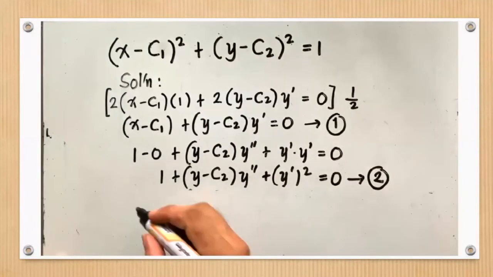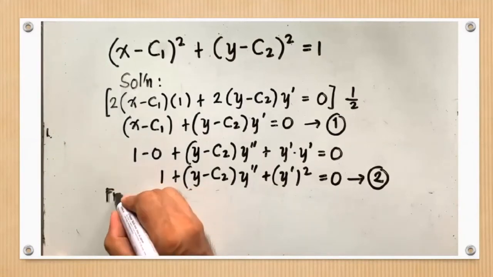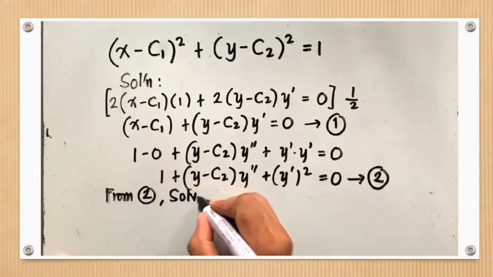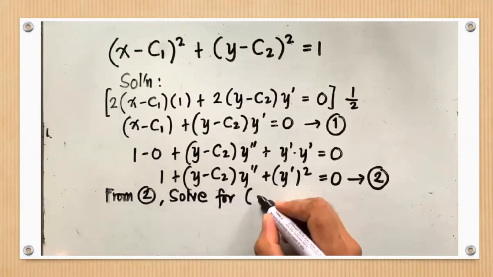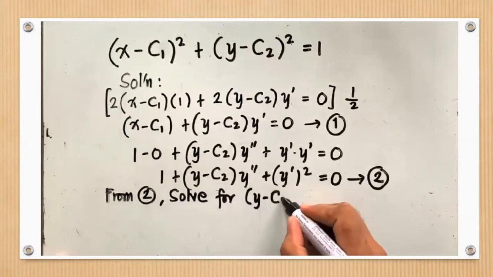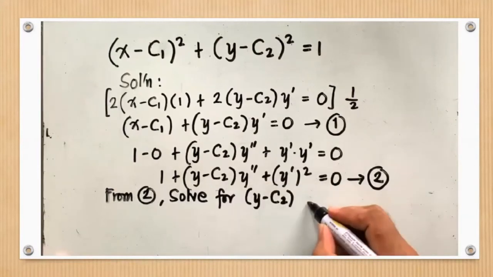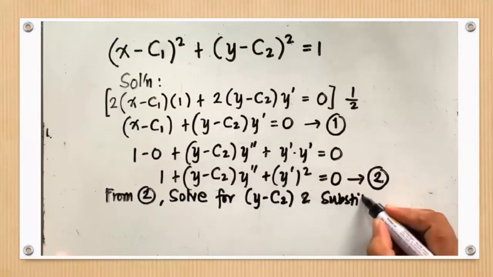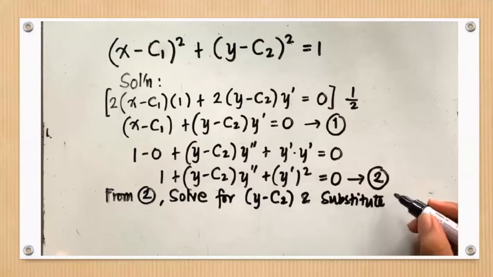So, what you will do here is you can solve for kung saan yung mas convenient, guys. So here, ang gagamitin ko is equation number 2. I'll be solving for y minus c sub 2. After nyan, ang gagawin ko is i-substitute ko siya sa equation number 1.